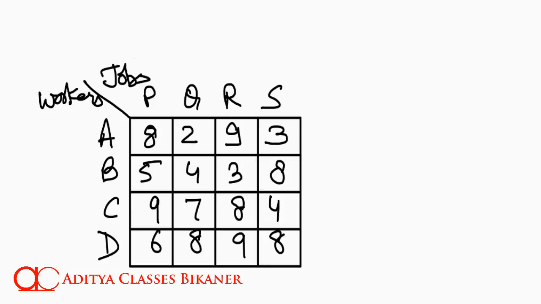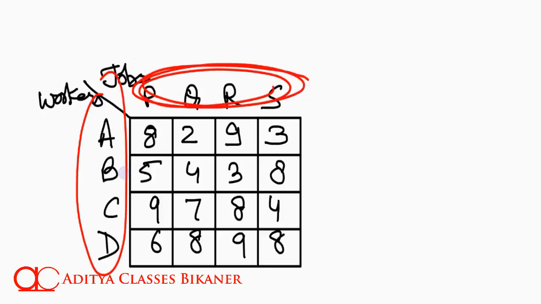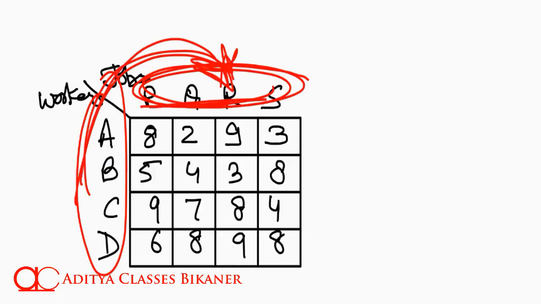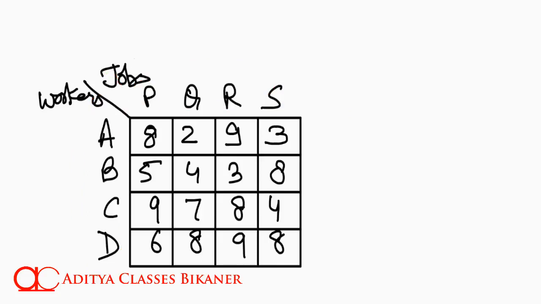Now, we have 4 workers working for me, A, B, C, D. Then I have 4 jobs that I want these workers to finish for me. I want all these tasks P, Q, R, S to be completed by these workers.